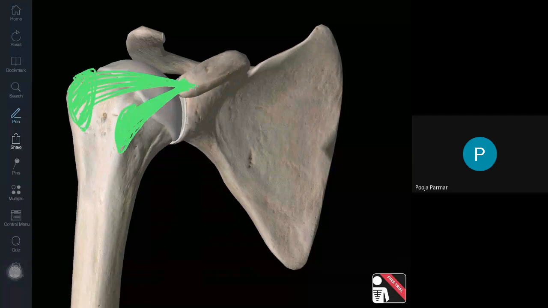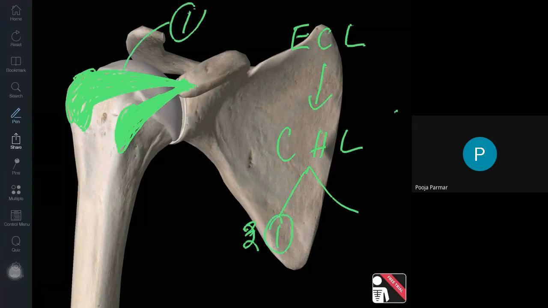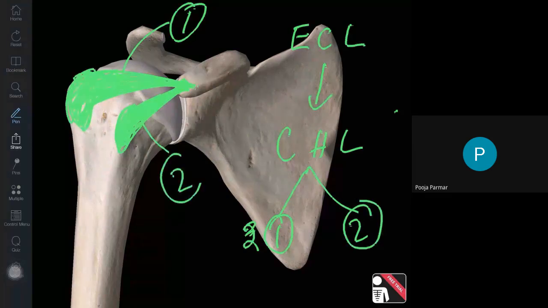Clear? Both ligaments are called the coracohumeral ligament. It has two bands: this is one, and this is two. Are you clear?